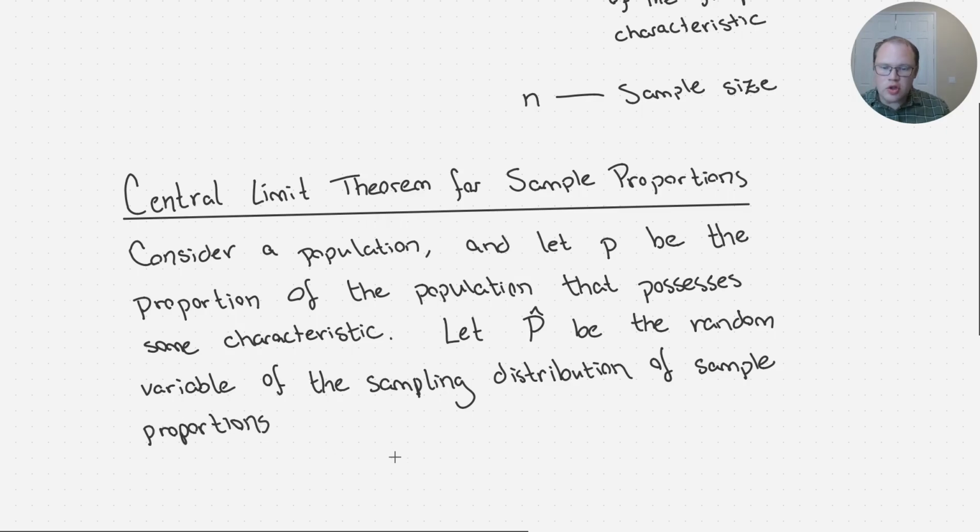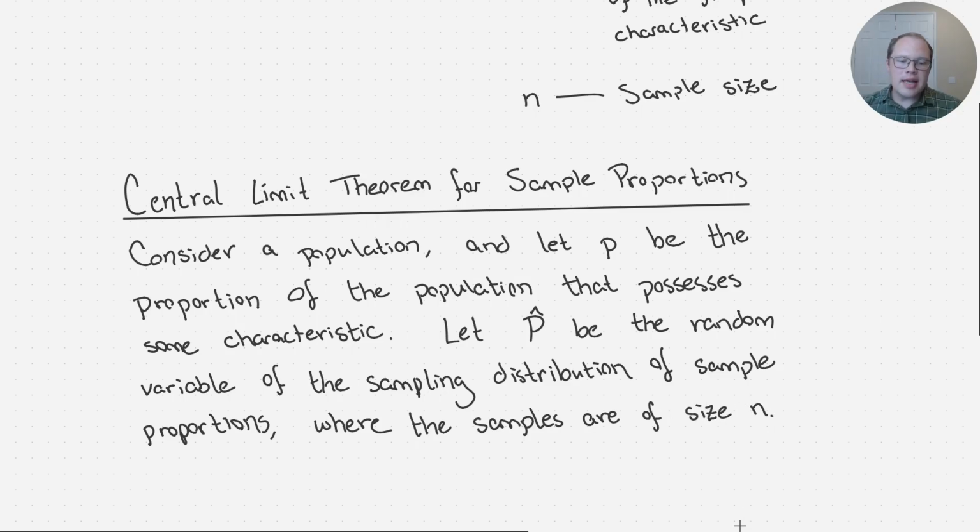So in other words, if we could look at all the possible samples that we could take from this population of a certain size, where the samples are of size n. So if we could take every possible sample of size n, whatever n is, and look at their different sample proportions, we would get a sampling distribution of those sample proportions.